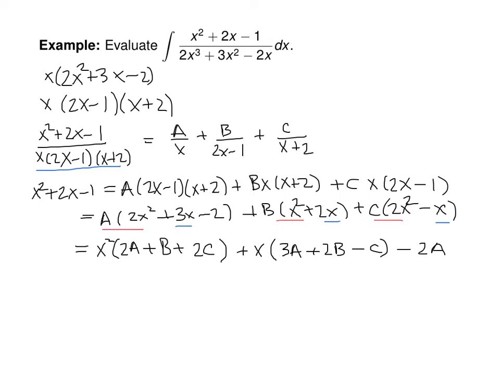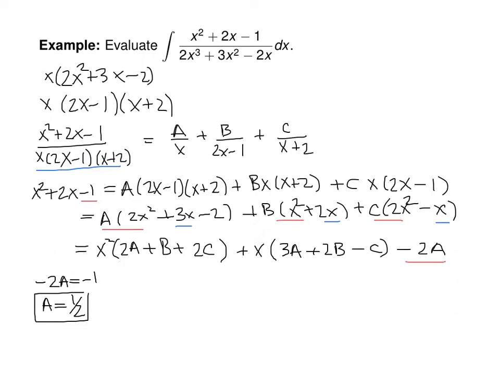And this gives us the system. So first of all, negative 2A is our constant term. That has to equal negative 1. So negative 2A is equal to negative 1, therefore A must be 1/2.